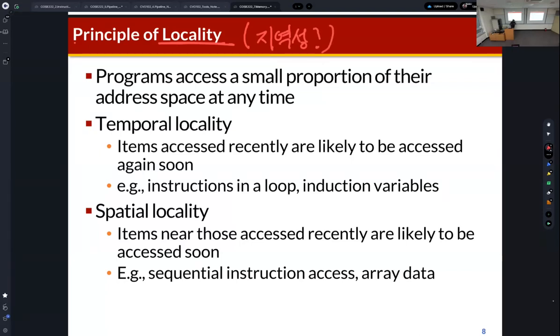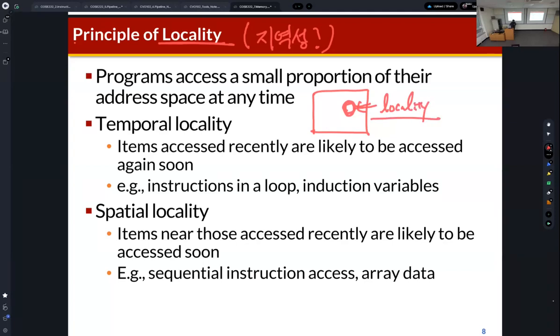So locality means that the size of the entire data is very large, but only a part of the data is accessed again and again. So this is a kind of locality.